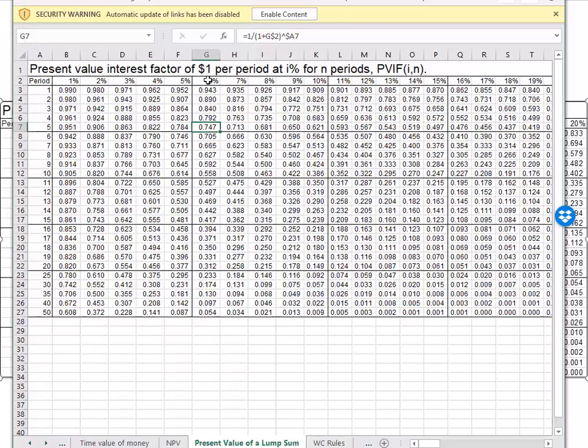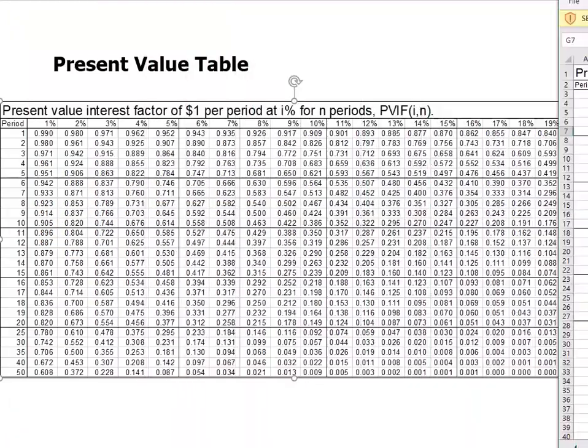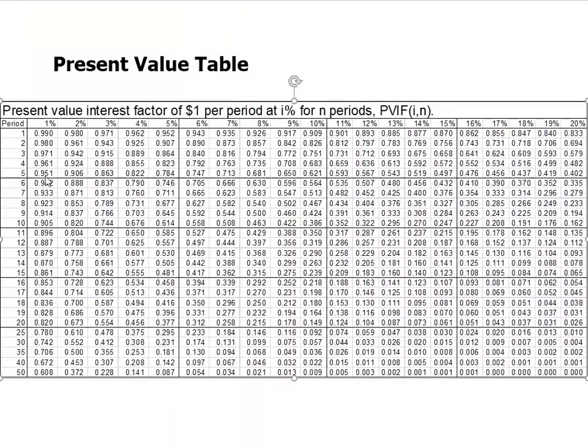There's G2, it's the 6%, so divided by the inflation rate to the power of A7, which is the power of 5. So to get this factor, they are in fact using the present value formula. So instead of us doing the calculation, we're just multiplying by the factor. So that's another way of doing this.